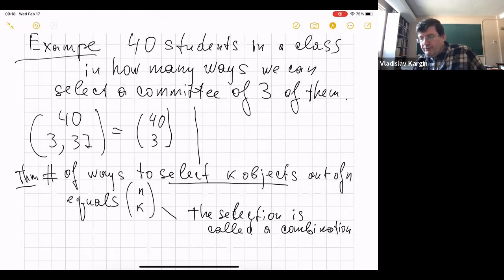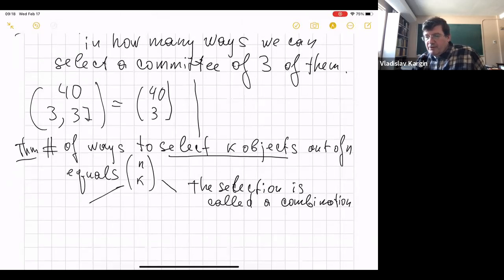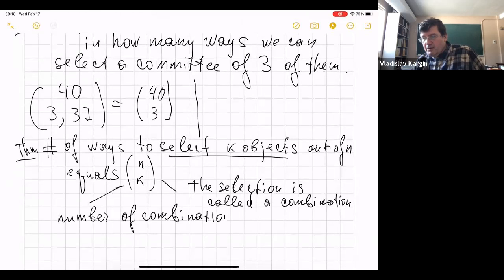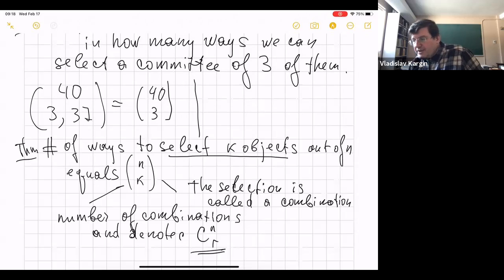This number is not only called the binomial coefficient; it's also called the number of combinations, and denoted C n k. Sorry, so this is C n k. This is the old name for the number of combinations, the old name for the binomial coefficient. But this is exactly the same as the binomial coefficient k out of n.